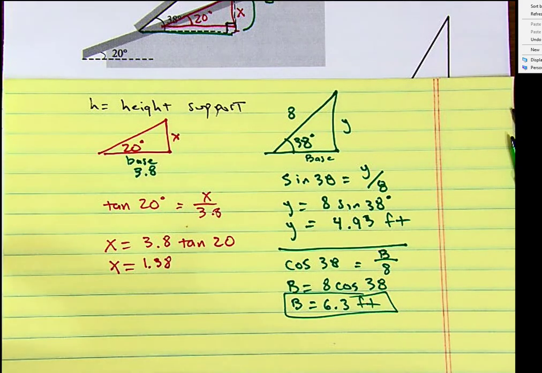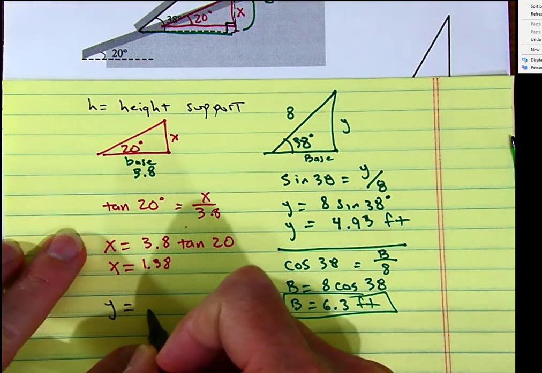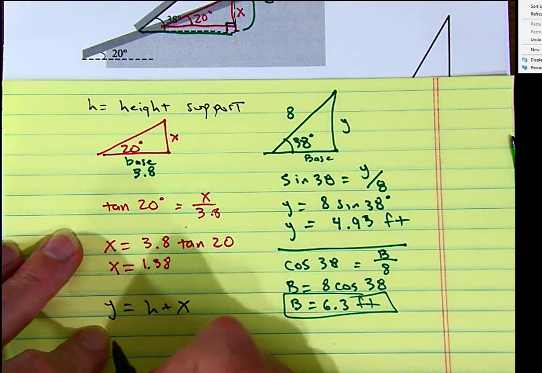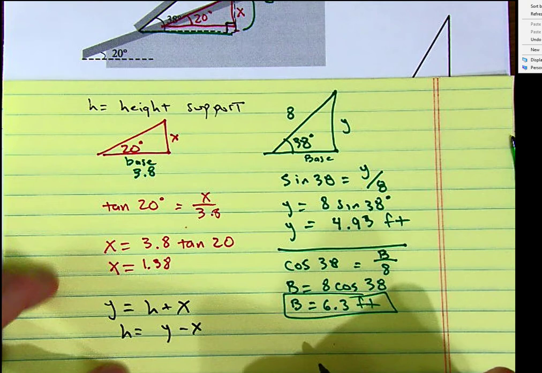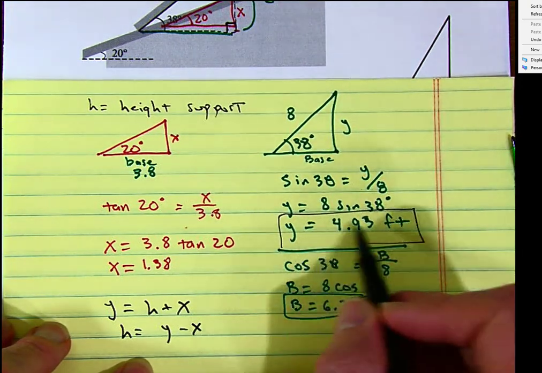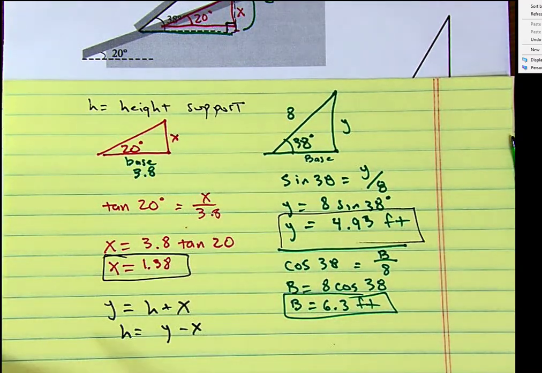And then lastly, we had the understanding that y was equal to h plus x. So all I have to do is find the h by subtracting the y and the x. So I had this y value over here. I just found this x value here.